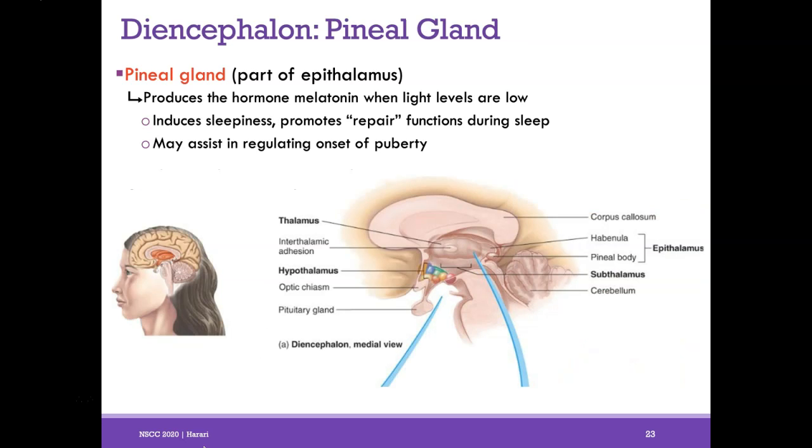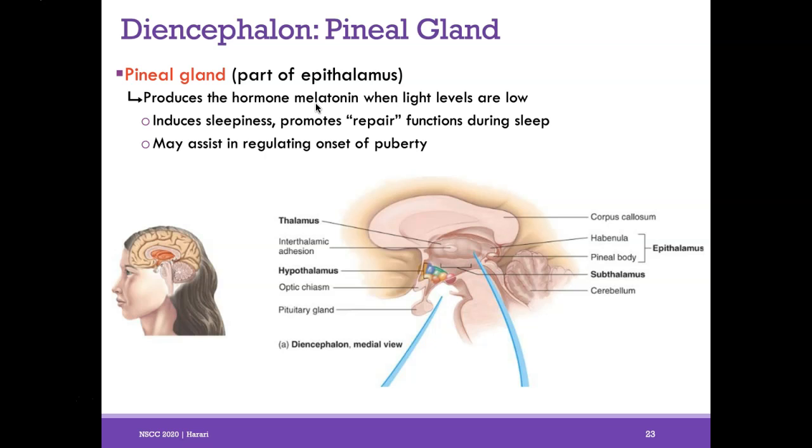So the last part of the diencephalon is called the pineal gland, which is part of the epithalamus. So the epithalamus consists of the pineal gland and the habenula. The pineal gland is the main portion that produces the hormone melatonin.